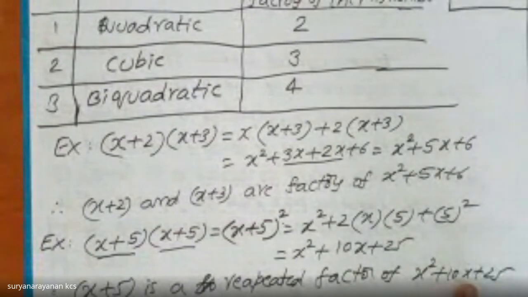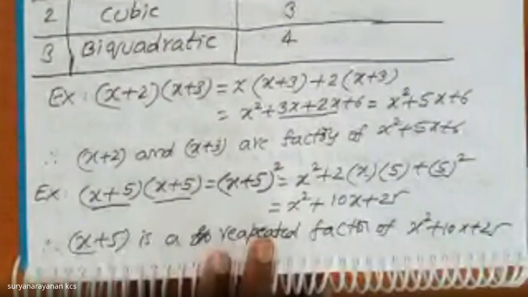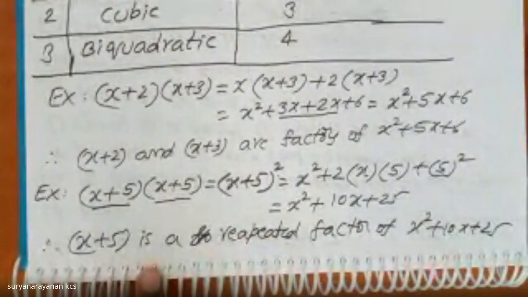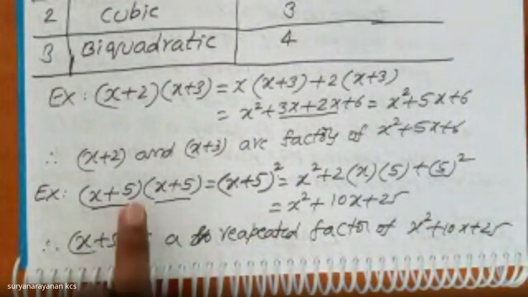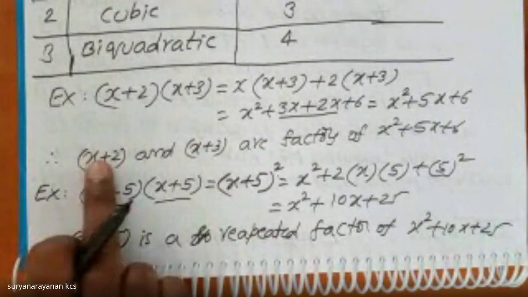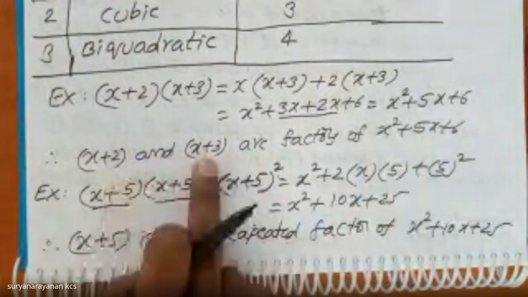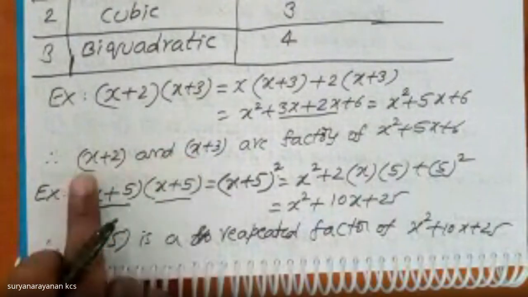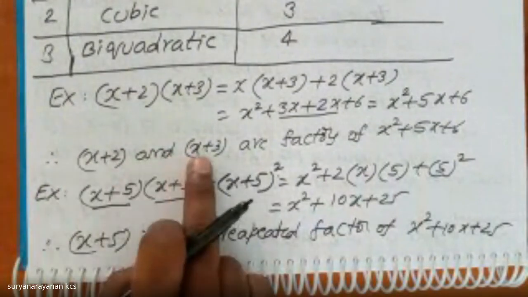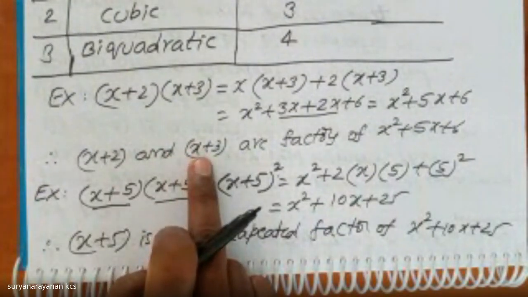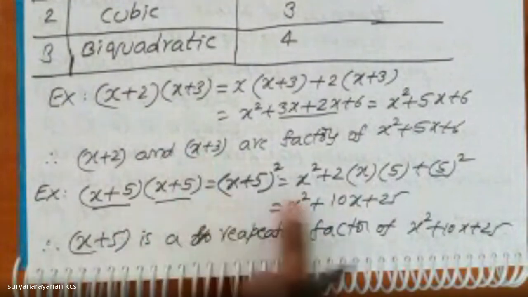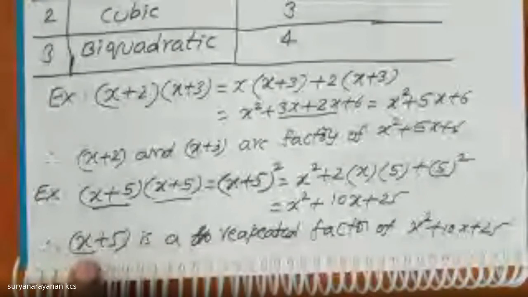For this polynomial, how many distinct factors are there? Here, these are two distinct factors, two different factors. x plus 2 is one factor, x plus 3 is another factor. Whereas in this example, both are the same.